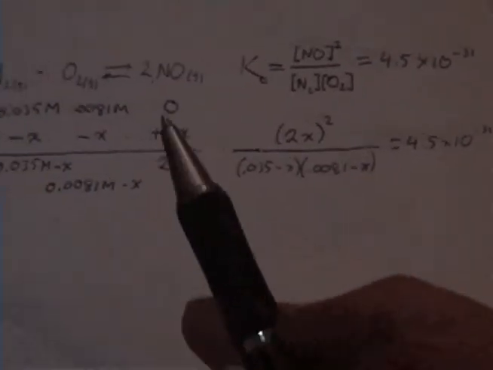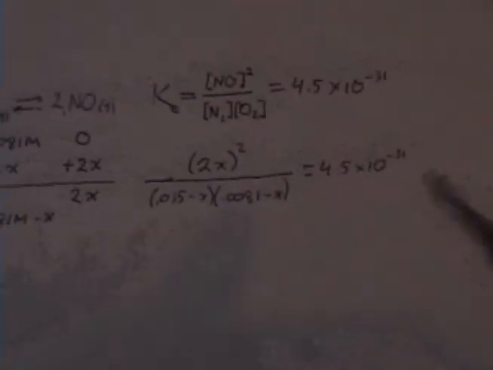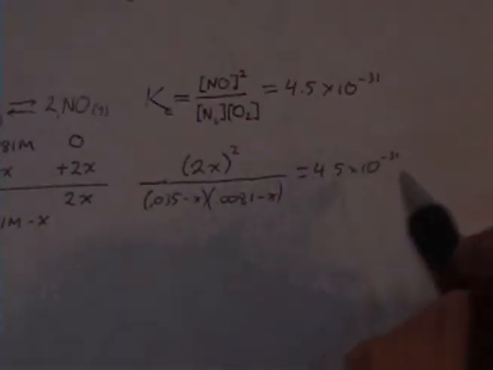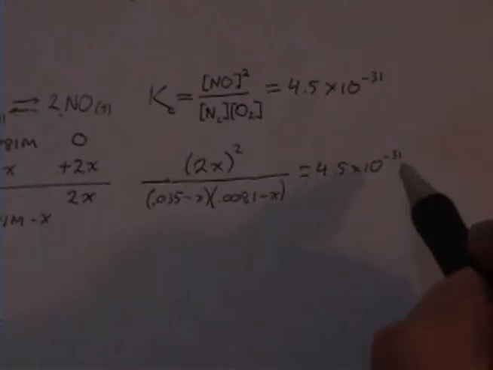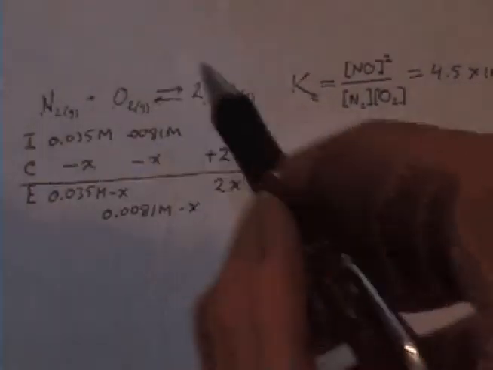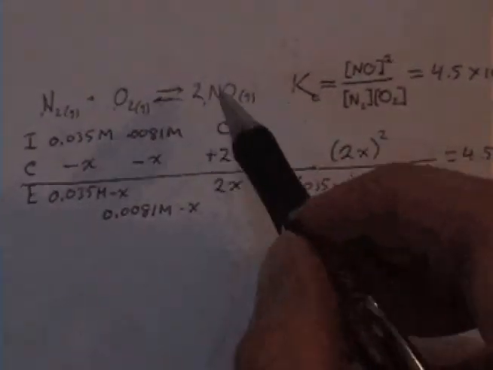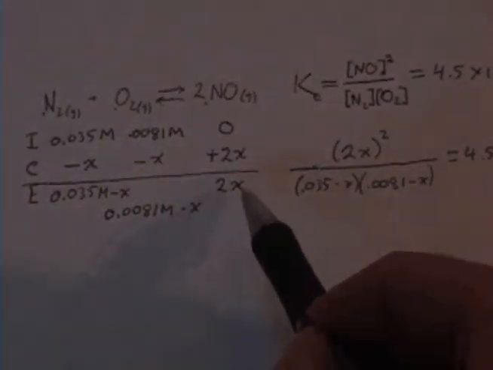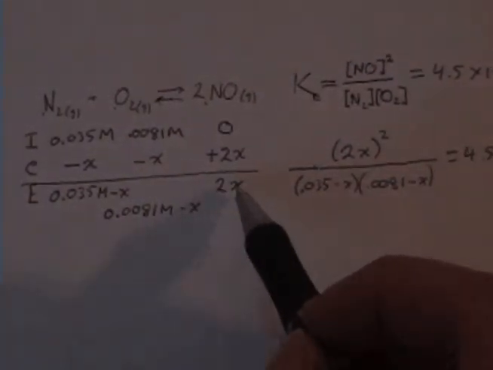We can have a clue based on the size of our K, because this is so small, it's telling us we're not going to get very much of this. So we expect our value for x to be very small.